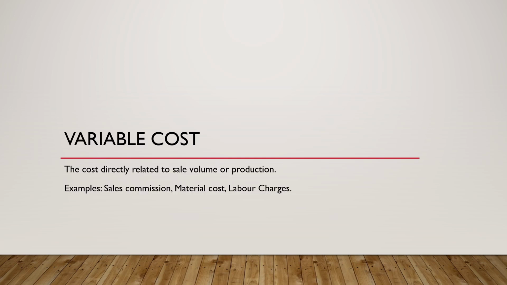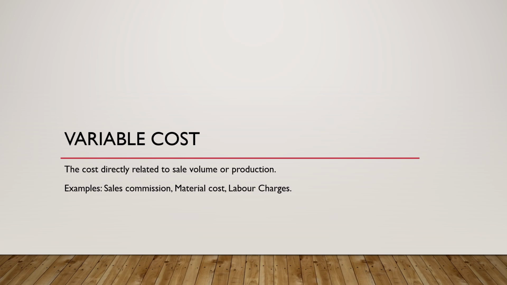Next cost, which is involved in marginal costing, is variable cost. The cost directly related to the sales volume and production. That means variable costs are expenses that change in direct proportion to the level of production or sales volume.